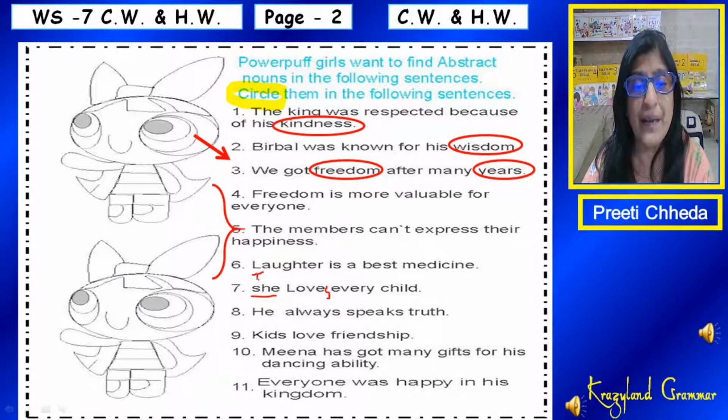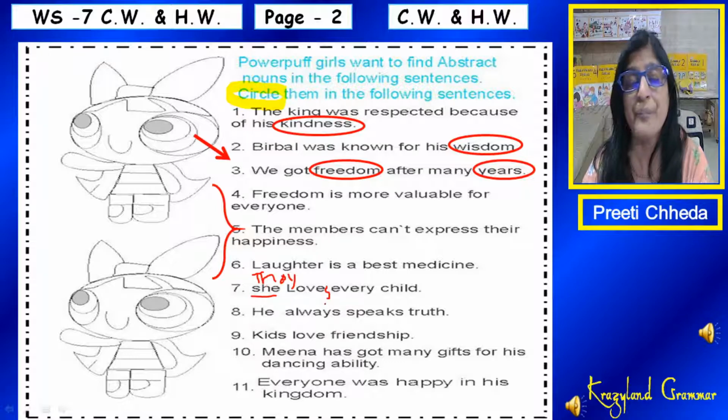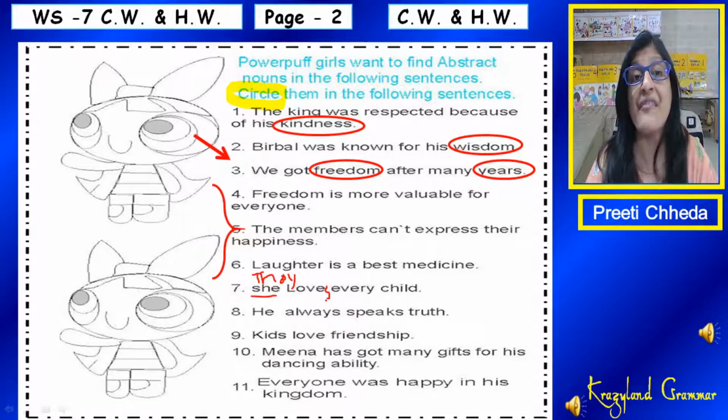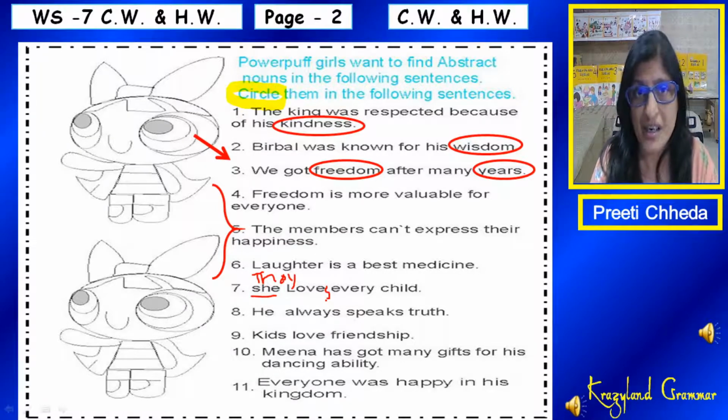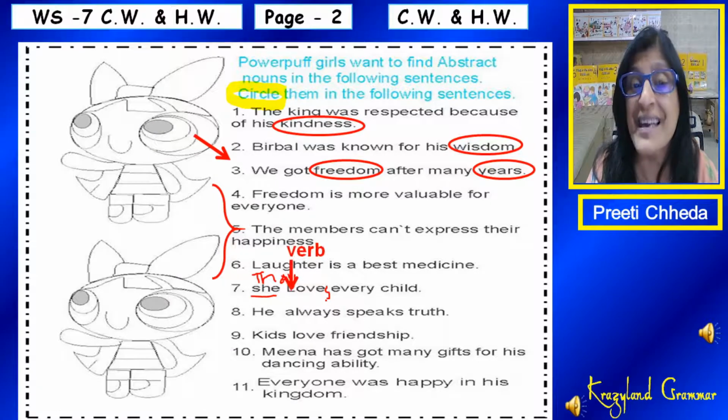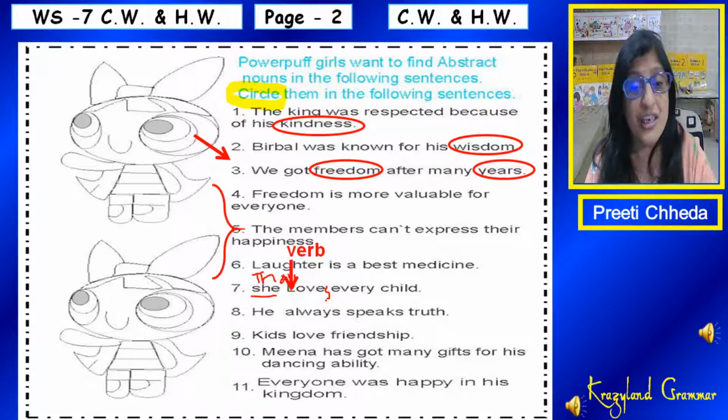This is a typing error. So they love every child, or she loves. Please correct it. Instead of she, you write they. So they love every child, or she loves. So here, love is what? It is working as a verb. It is not a noun.